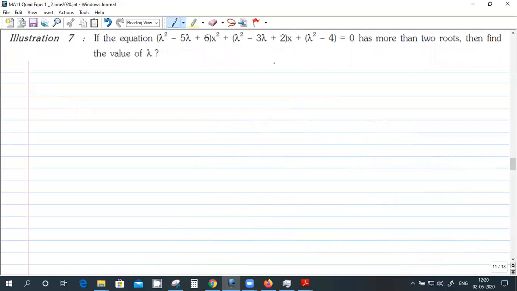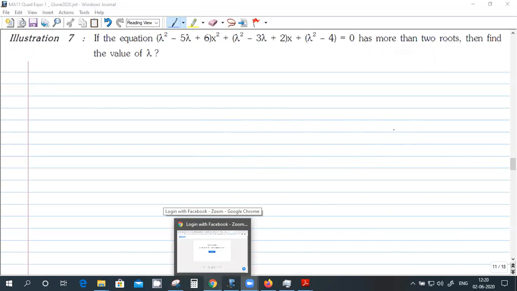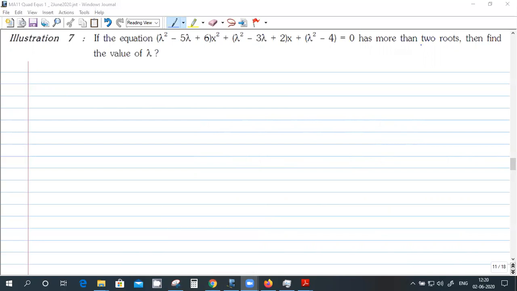Okay, if the equation has more than two roots, then find lambda. Yeah, this is a new concept. So this is a quadratic equation, right? X square, x and then constant term. And he's saying it has got more than two roots. Is that possible? No, sir. So quadratic can be either this or this one.